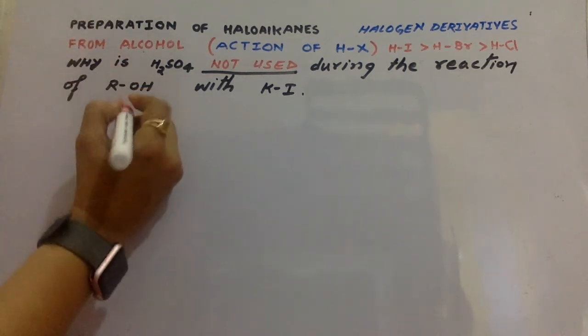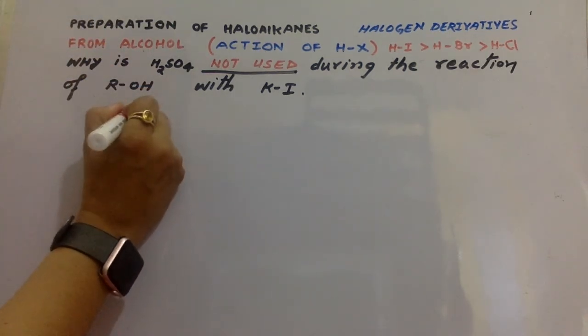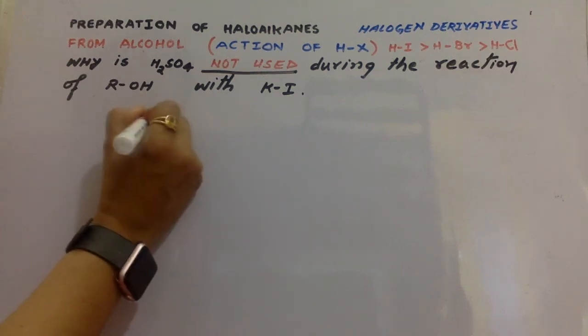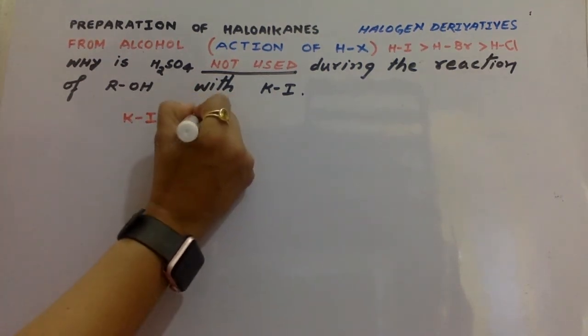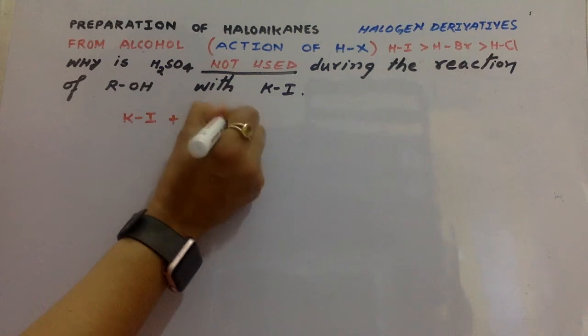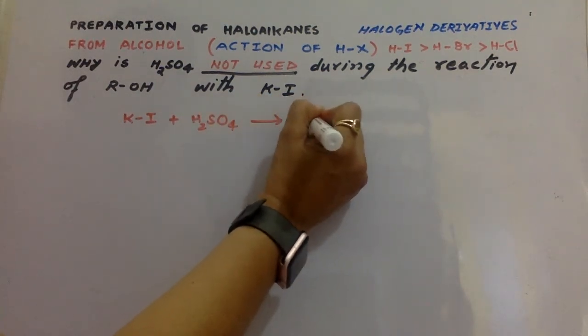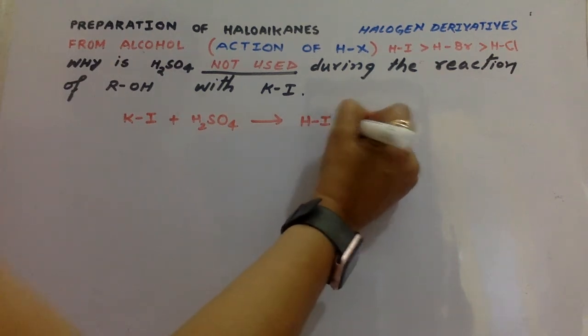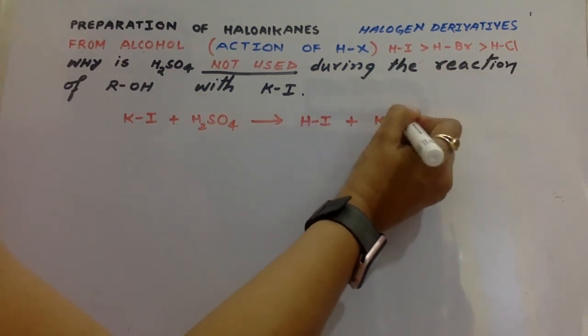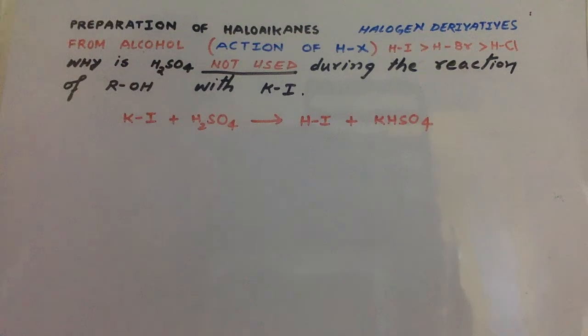Children, the reason is, when KI is treated with H2SO4, we get HI and KHSO4.